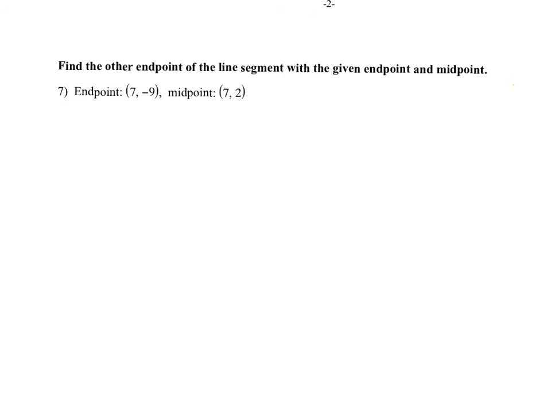On these, they want you to find one of the endpoints if you're given the midpoint and one of the endpoints. So what they're giving you here would be the midpoint, right? They're giving you this guy and this guy. And you need to find this guy. Does everybody understand?